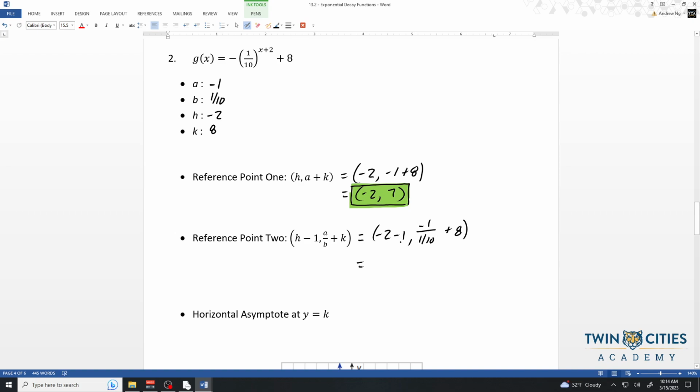Negative 2 minus 1, that's negative 3, comma, negative 1 divided by 1/10. That's going to be the same as negative 1 times 10. So that's negative 10 plus 8. Negative 10 plus 8 will be negative 2.